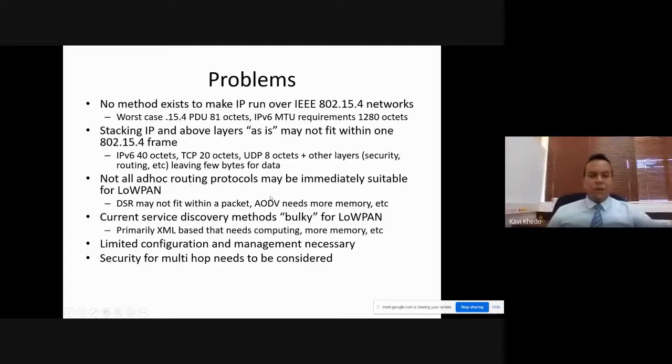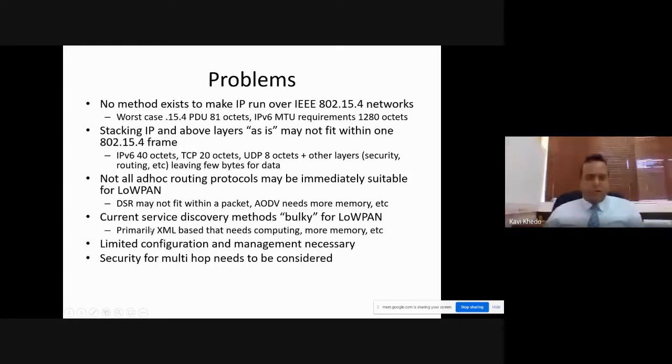Not all ad hoc routing protocols may be immediately suitable for this low-power wireless PAN. All the routing protocols that we have used on Ethernet, even on normal wireless networks like Wi-Fi, will fail here because they will not fit the packet size. For example, DSR, AODV, or routing protocols that will not be directly applicable to an IEEE 802.15.4 network.